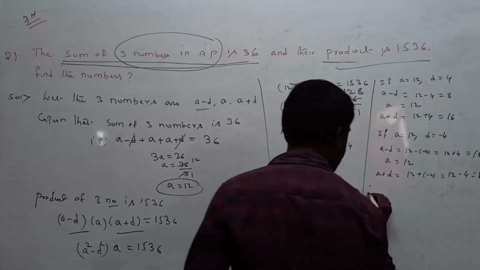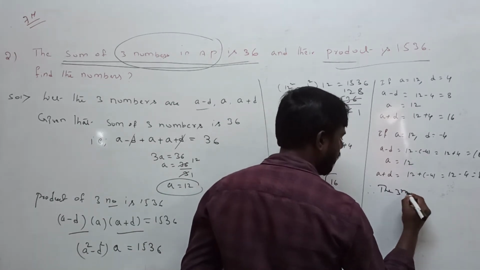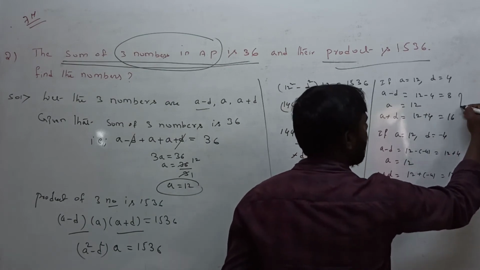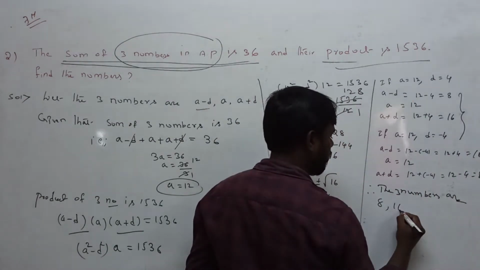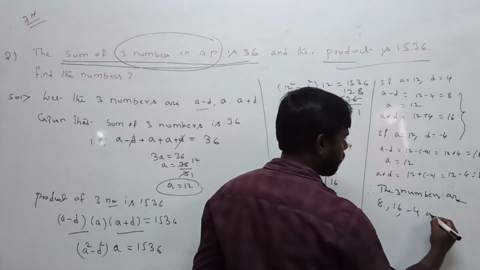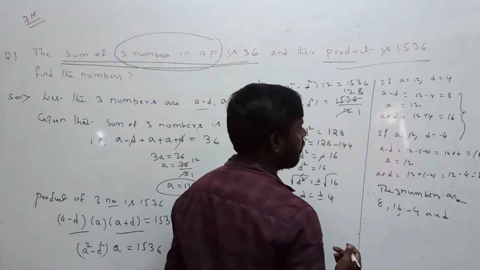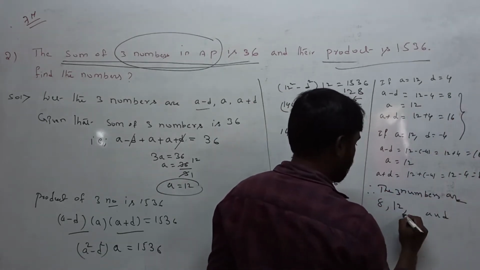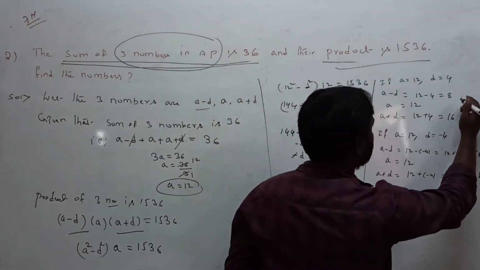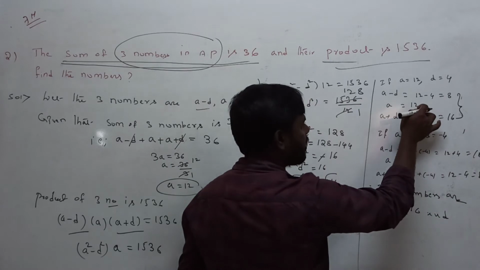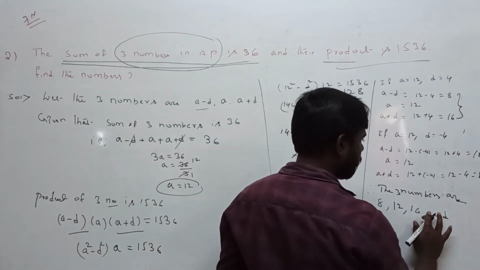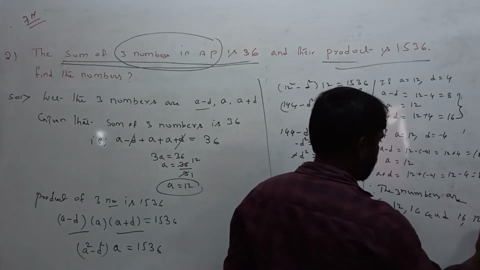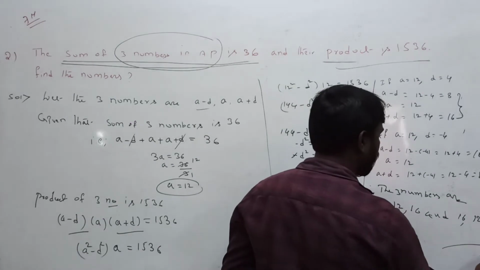So finally we got the three numbers: 8, 12, 16, and next 16, 12, 8. These are the possible three numbers.